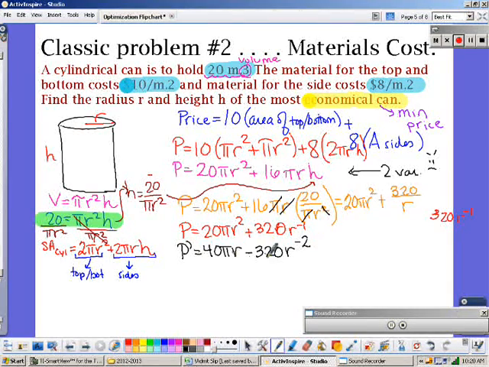Now that we've gotten our derivative, our first derivative test says please take that derivative, set it equal to 0. 40 pi r's minus 320 r to the negative 2. Now, I have absolutely no interest in solving this pink equation right here using algebra, so I'm going to type that into my handy graphics calculator and do second calc 0.